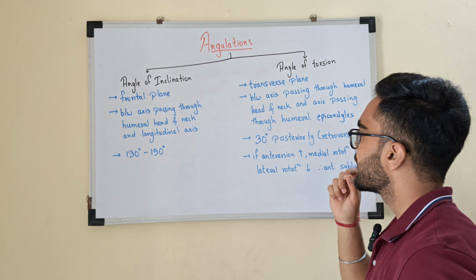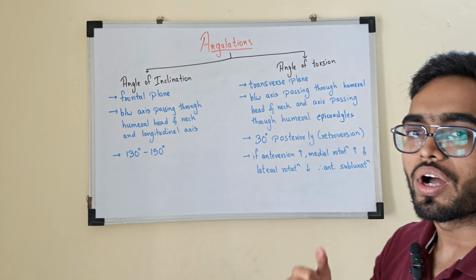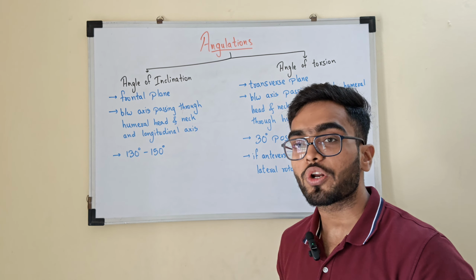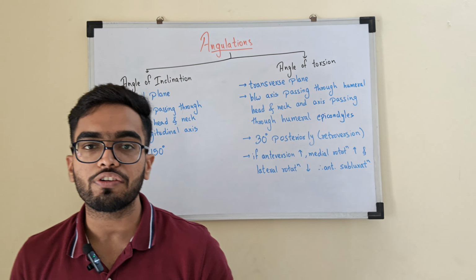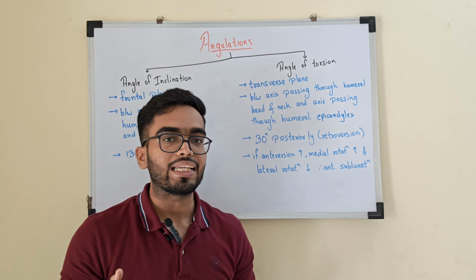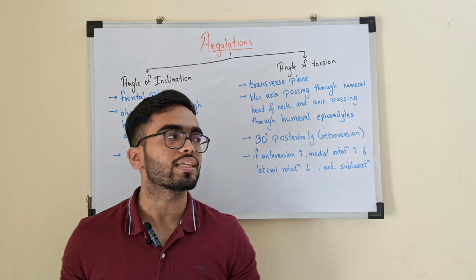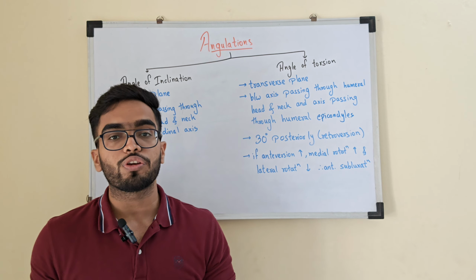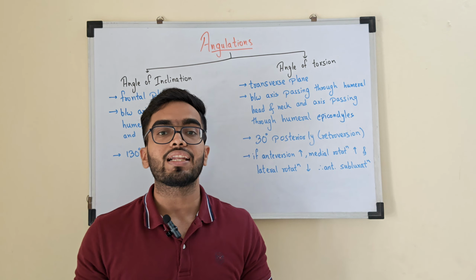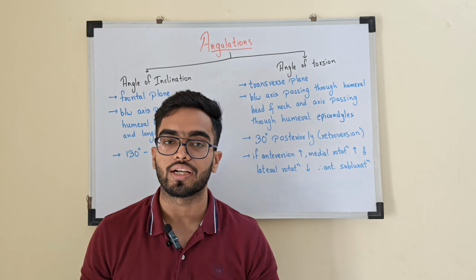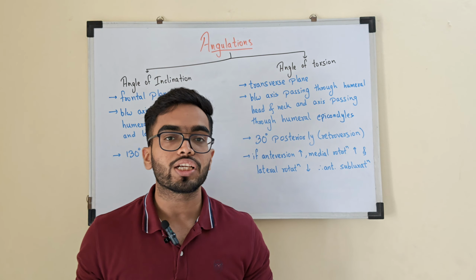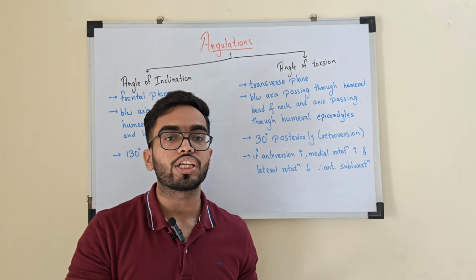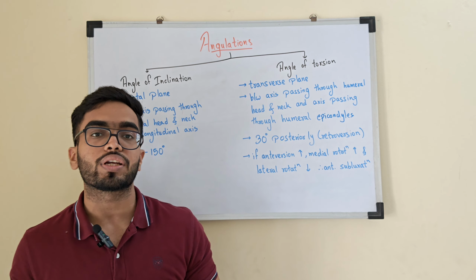It is 30 degrees posteriorly, so the head of humerus is usually retroverted. If the antiversion increases, it results in an increase in the medial rotation of the glenohumeral joint, while it decreases the lateral rotation. If the retroversion increases, the medial rotation decreases while the lateral rotation increases.